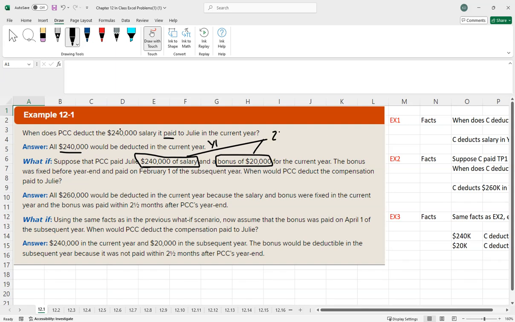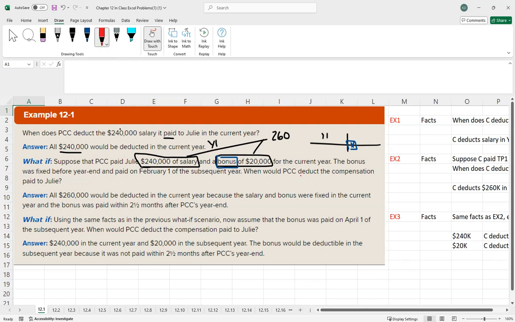The bonus was fixed before year end and was paid on February 1st of the subsequent year. So in other words, we have year one, and this bonus we must pay right here within 2.5 months.